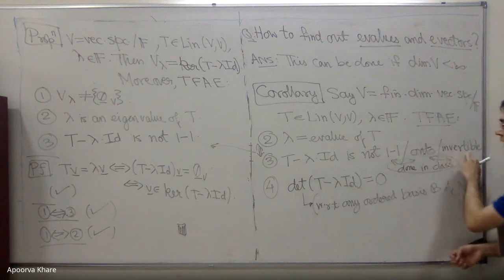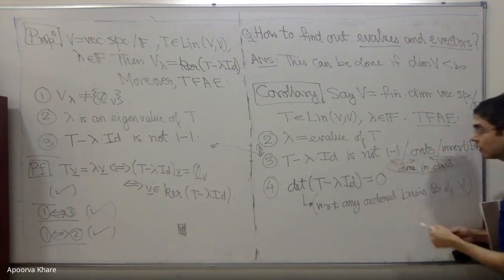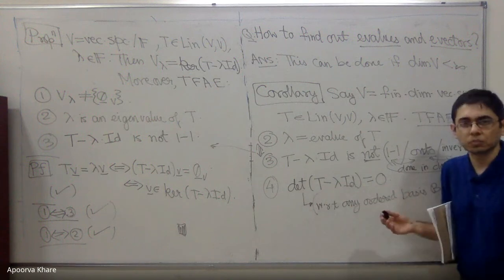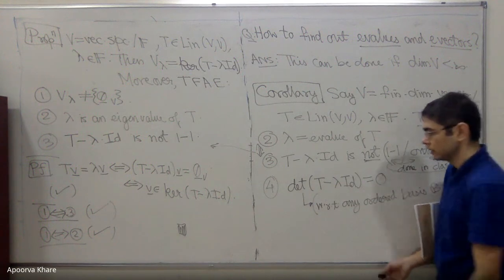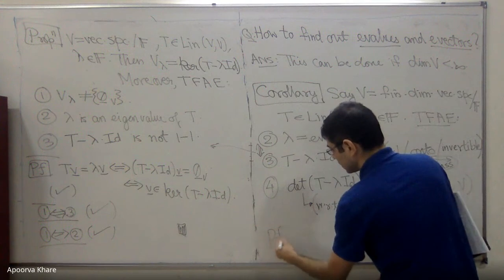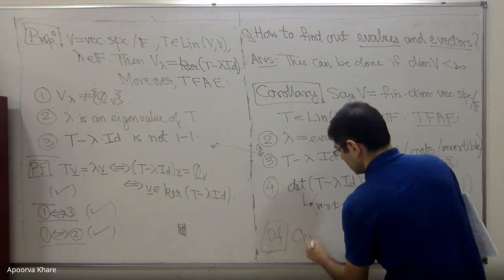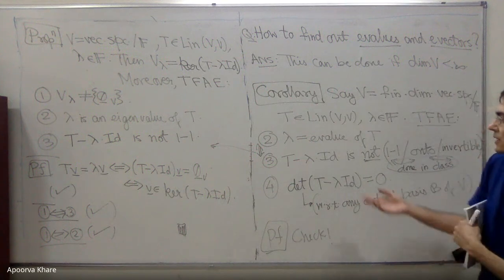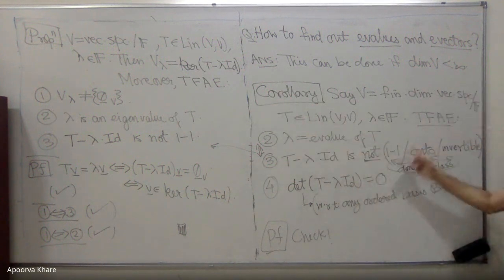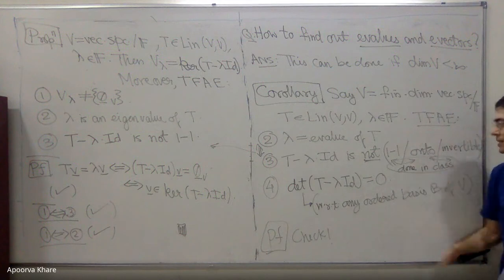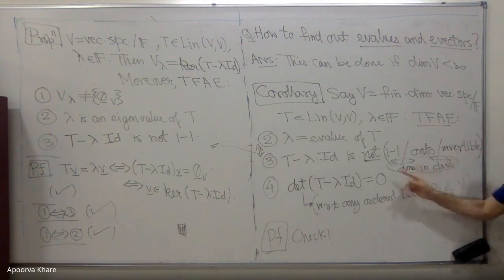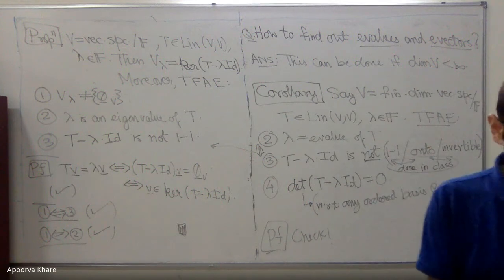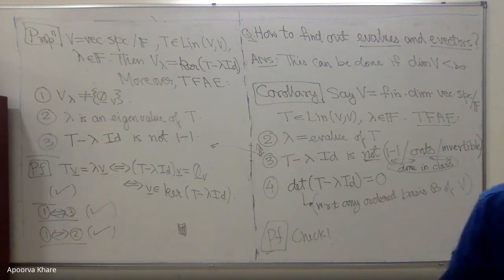A matrix is not invertible if and only if its determinant is 0. That's all. It's very simple. So the proof is obvious, or exercise, or check. But there's nothing to say. These three equivalences were done in class, and non-invertible if and only if determinant is 0 was also done in class. So that's that. Okay, so that was the corollary.